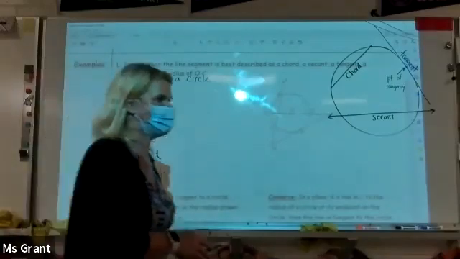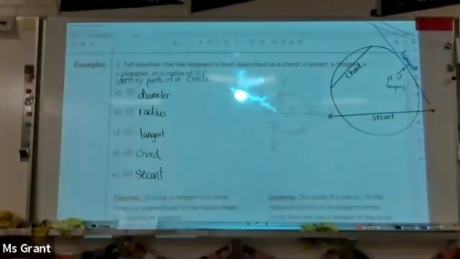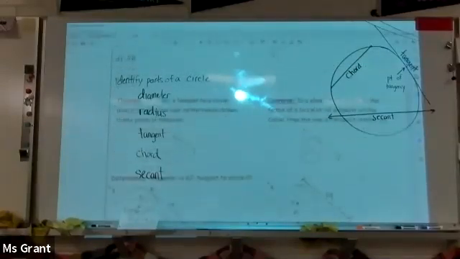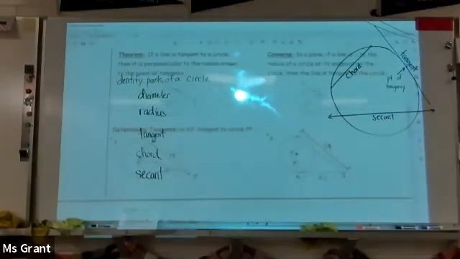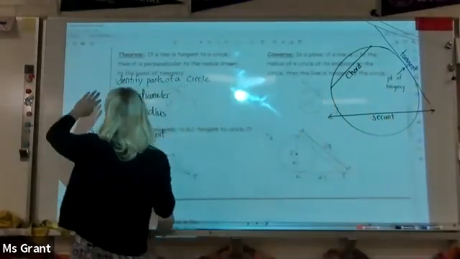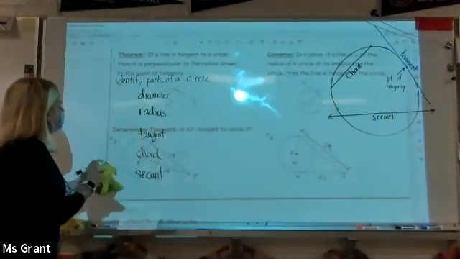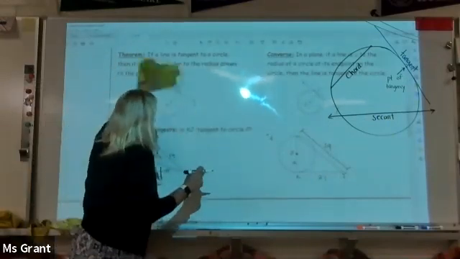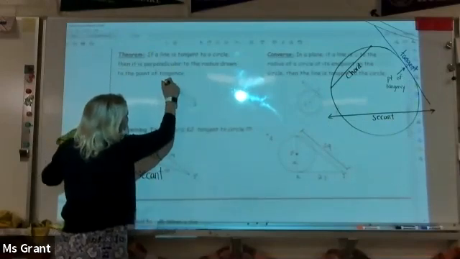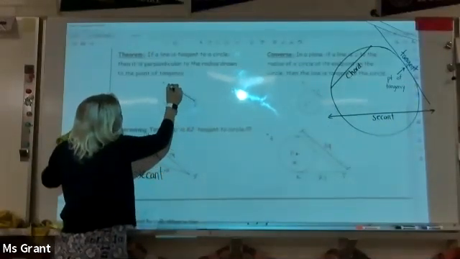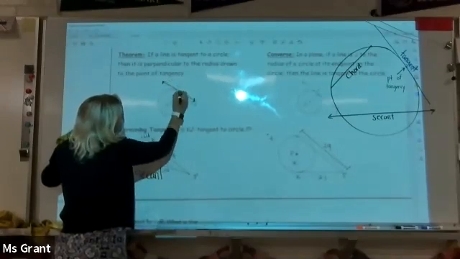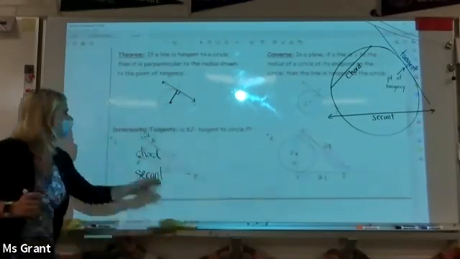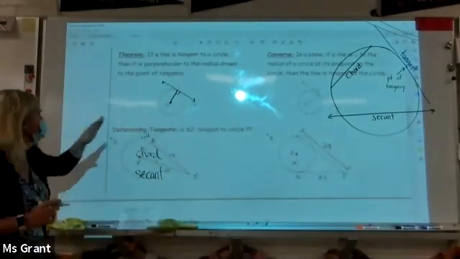Okay. I mean, you were working with me as I went, so I can move along. If a theorem, this first theorem: if a line is tangent to a circle, then it is perpendicular. That's this right here. This line L is perpendicular to the radius.